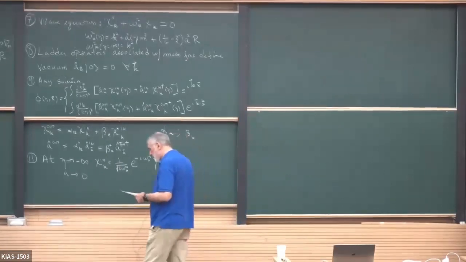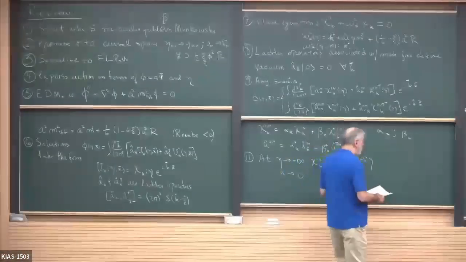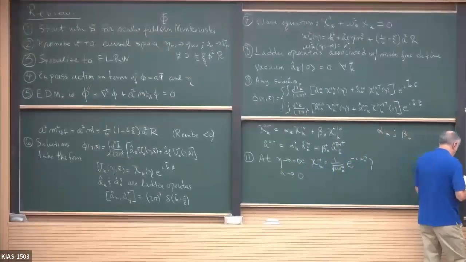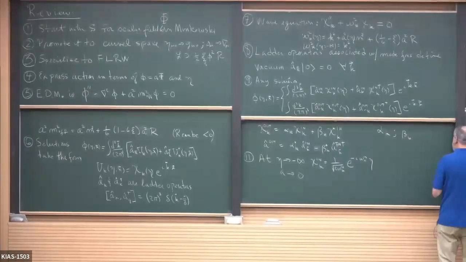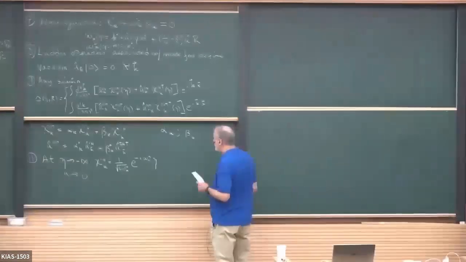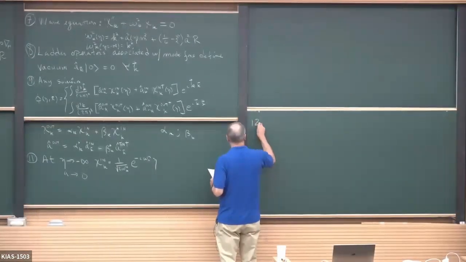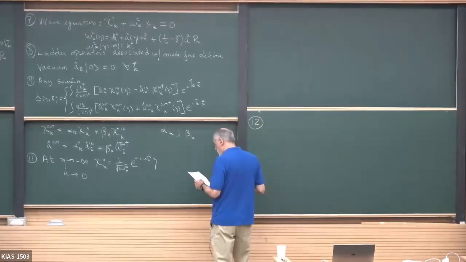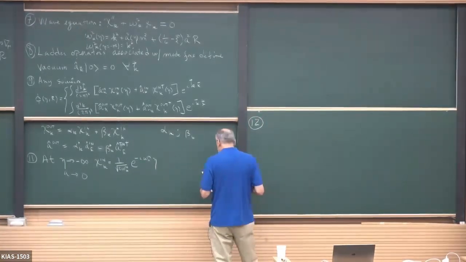And let's see, so let me continue this to the review. There's one more thing I'll write in terms of the review from yesterday. I'll call it 12, n plus 1.